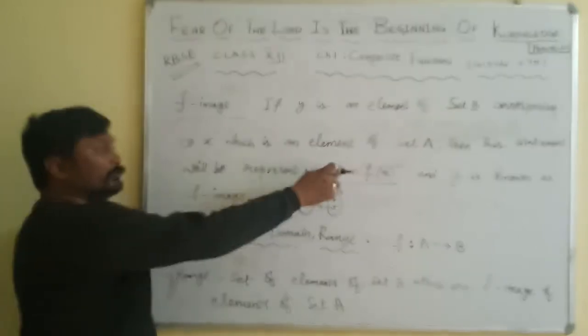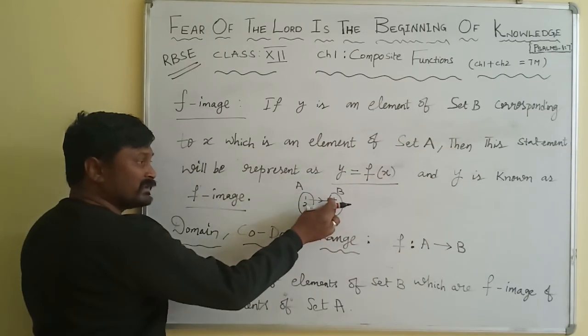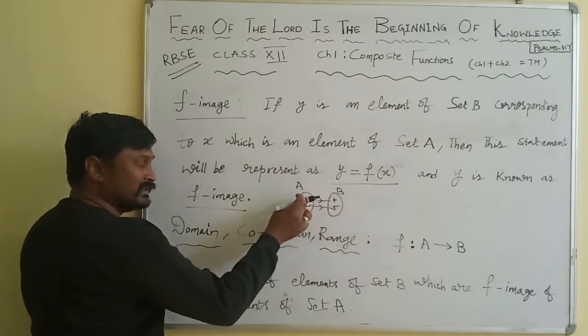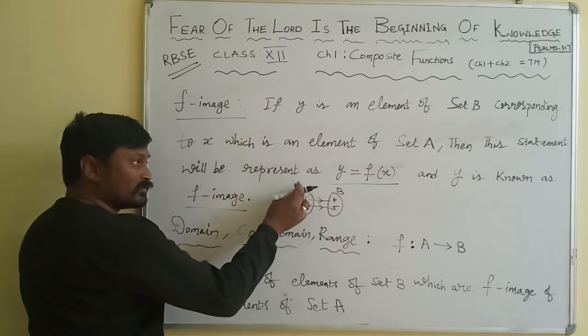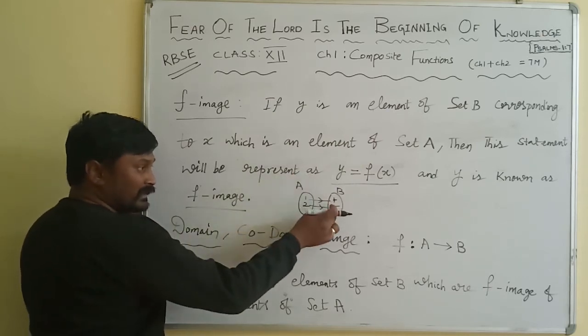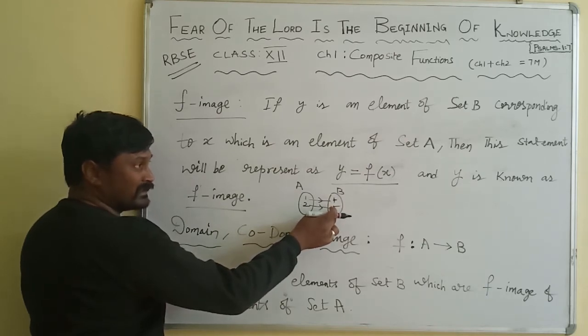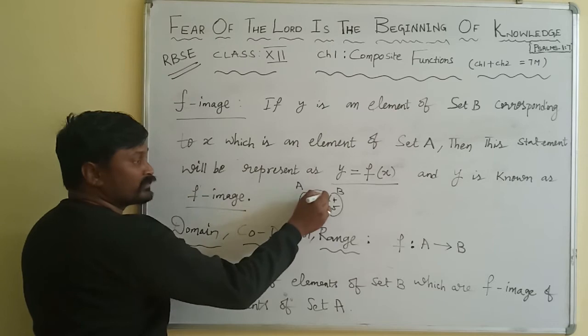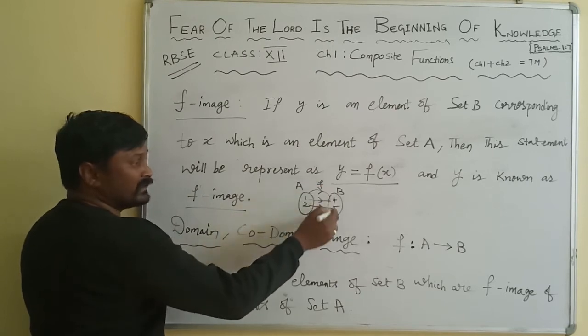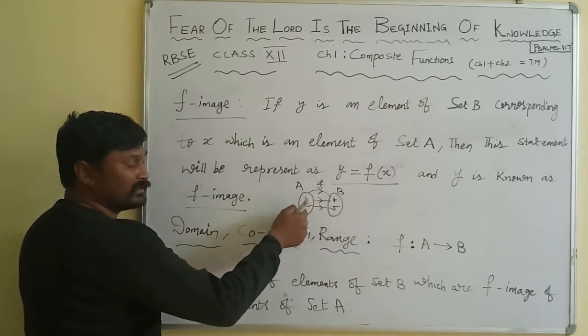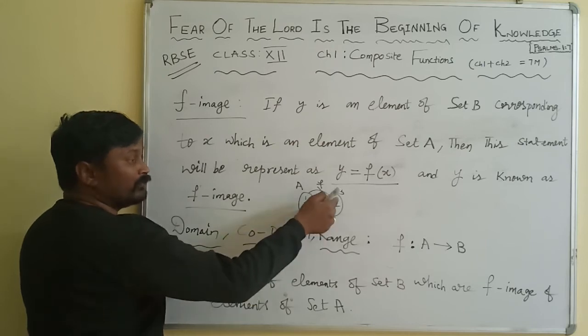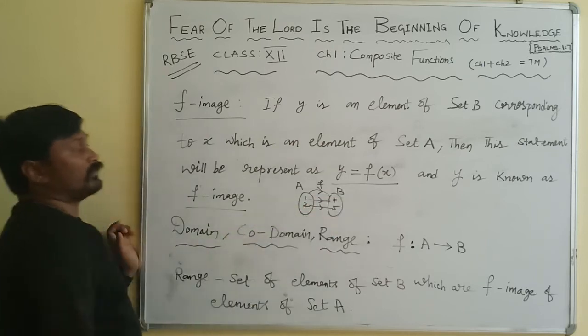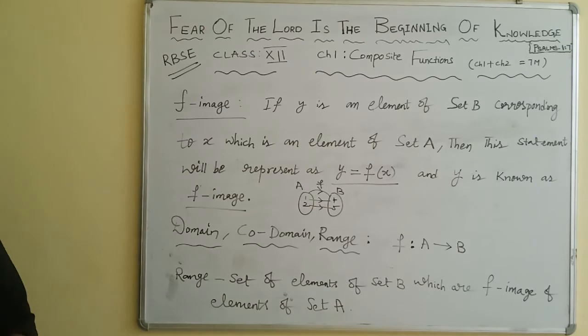What is the meaning of y is equal to f of x? This 4 is connected with the element x of set A by the function f, and 5 is connected with 2, and here 4 and 5 are called F images.